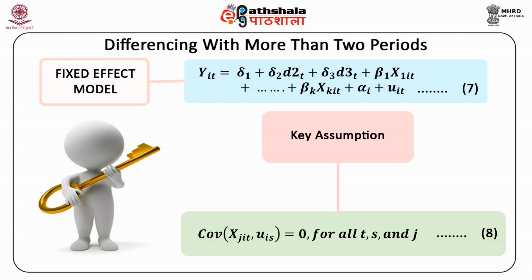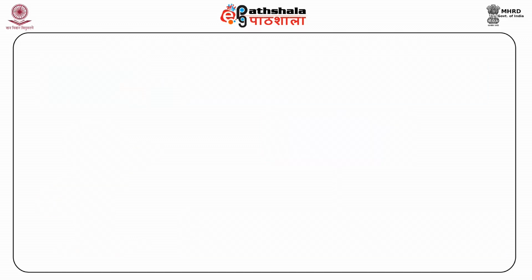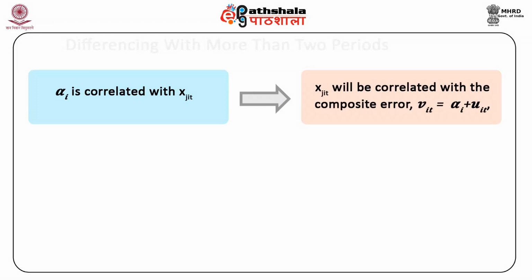Measurement error in one or more explanatory variables can cause this equation to be false. If alpha i is correlated with x_jit, then x_jit will be correlated with the composite error v_it, which is equal to alpha i plus u_it under equation 8.